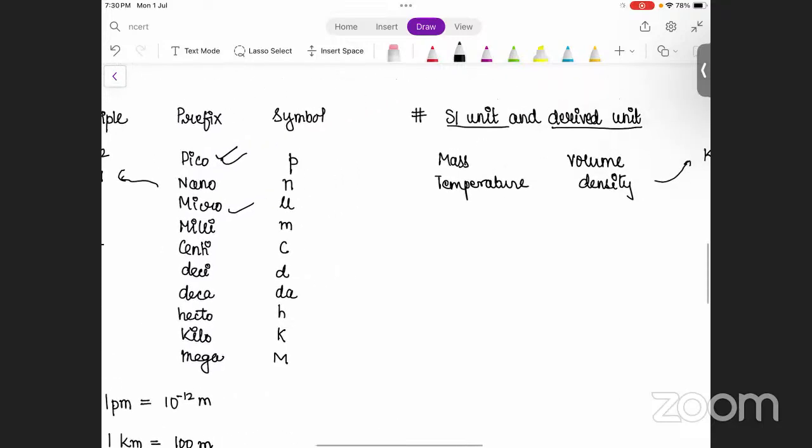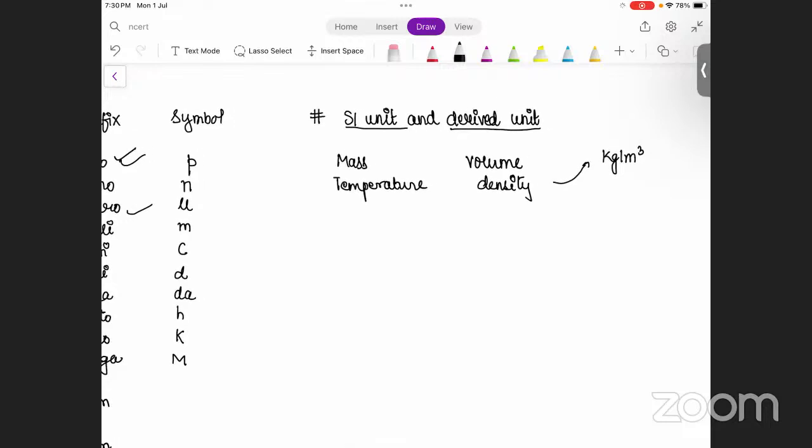After that, we learned about some of the SI units and the derived units. In that, we saw mass and temperature as SI units, and the derived units were volume and density. We saw that volume is the cube of length, so the unit in the SI system will be meter cube. Then we saw the different conversions, from liter to decimeter cube, from milliliter to centimeter cube.